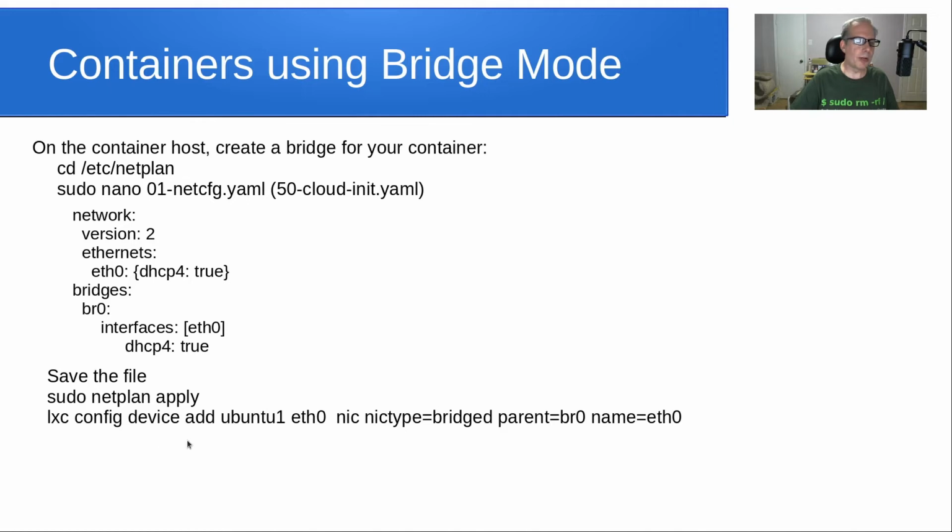When you do an ifconfig, you should be able to see a new device called br0, which is that bridge. Then you do an lxc config device add ubuntu1, which is the name of the container I want to create, and I say eth0 nic, where nictype is equal to bridged, the parent is now the bridge that I just created, and the name is eth0. That's the name inside the container.